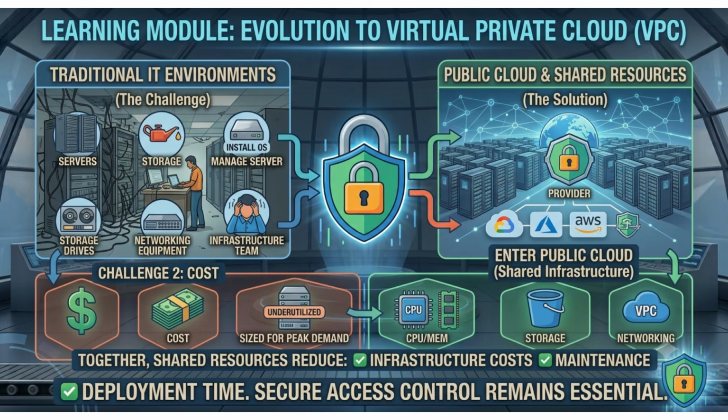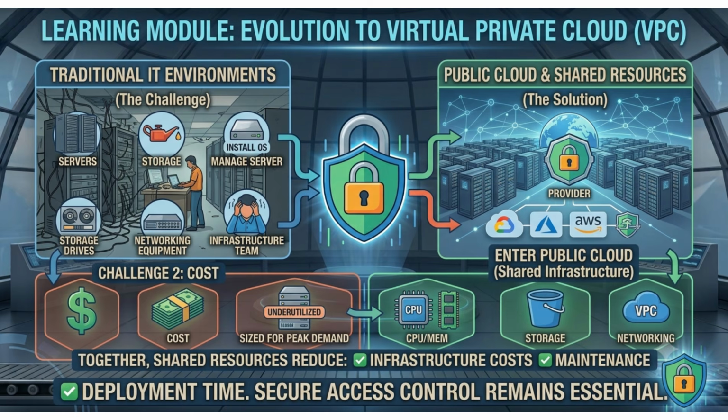Challenge 2: cost. Organizations sized infrastructure for peak demand. As a result, servers often remained underutilized. Hardware investments were expensive. Scaling required additional purchases. Enter public cloud. Cloud providers like Google Cloud, Microsoft Azure, and Amazon Web Services built massive global infrastructure and shared resources among customers.